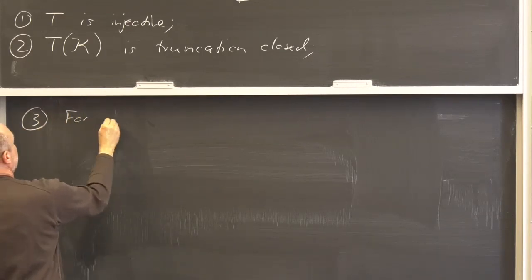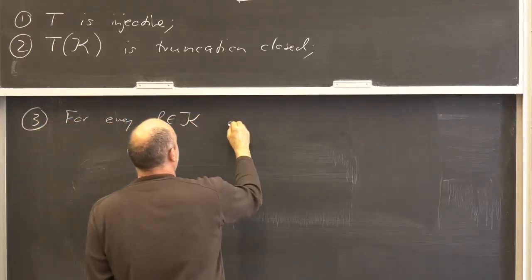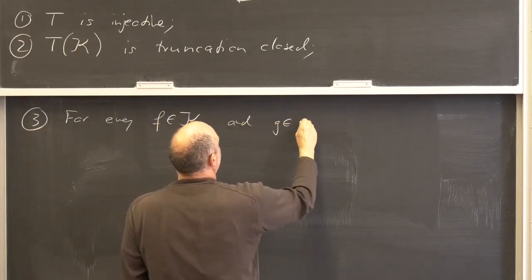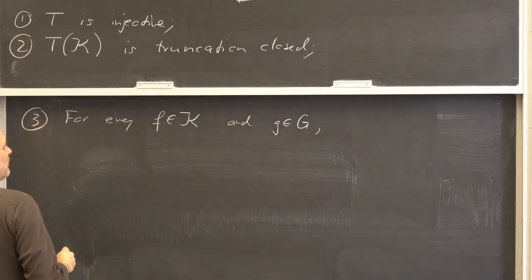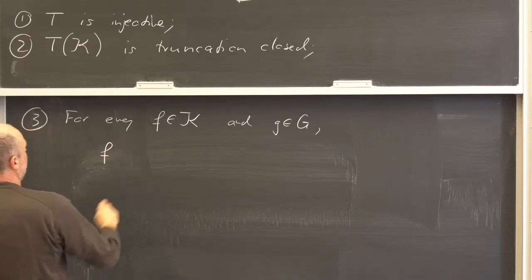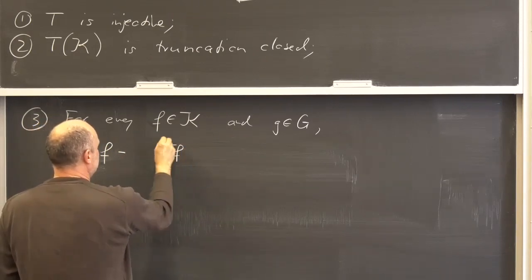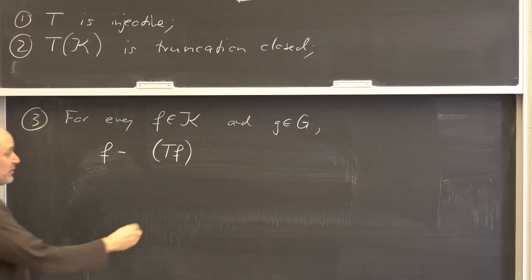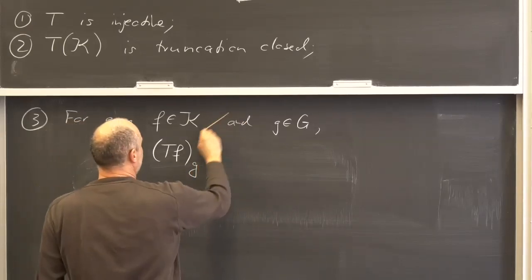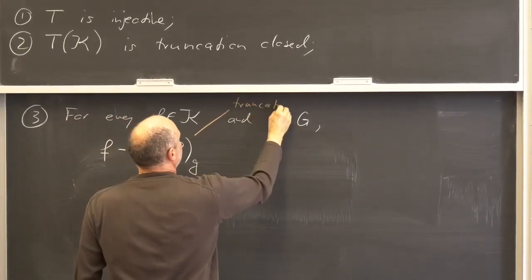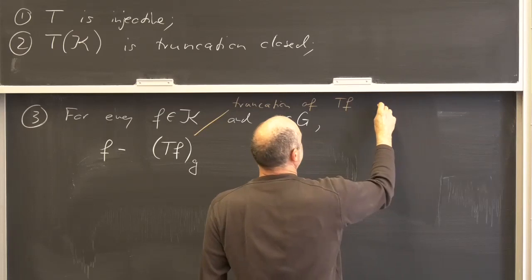For every F in K and every monomial G in the set of monomials, I take F and subtract the truncation of the series TF at G. This is what I said before.